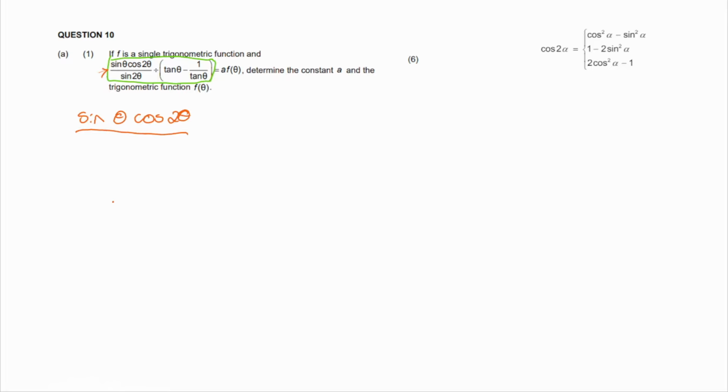Anyways, then let's do this over sine 2 theta. Well, sine 2 theta actually is a bit of an easier one to do because it only has one reduction, right? It's just 2 sine theta cos theta. So let's do that one, because it has the added benefit of this cancelling with this. Okay, that makes our lives easier.